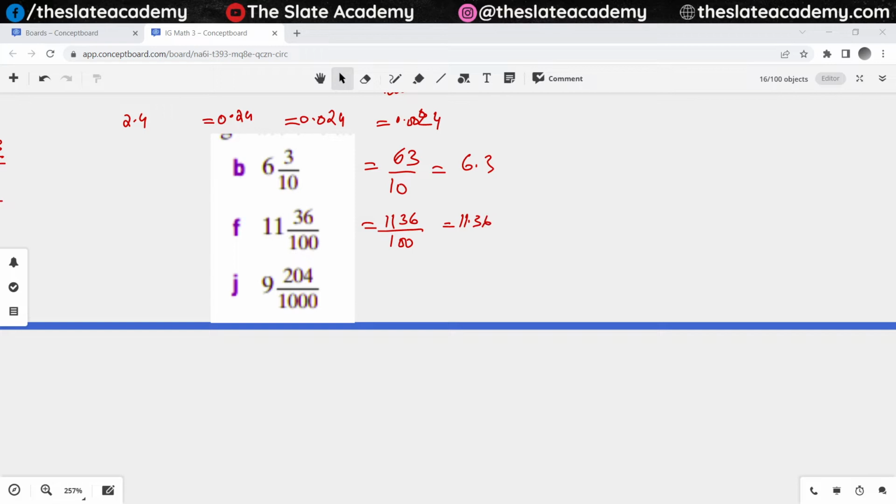This last one, 1000 times 9 plus 204, it would become 9204 divided by 1000. And three digits from the right I would put the decimal, this 0, this 0, this 0, and over here it would become 9.204. All right.